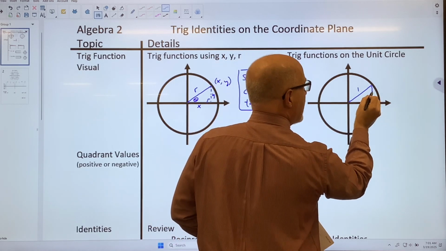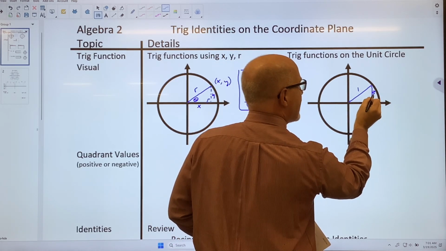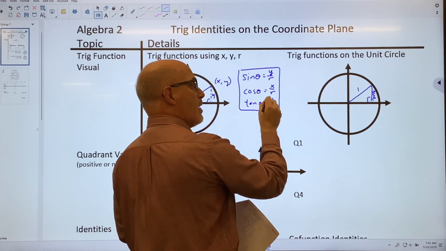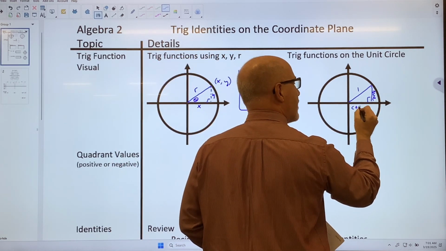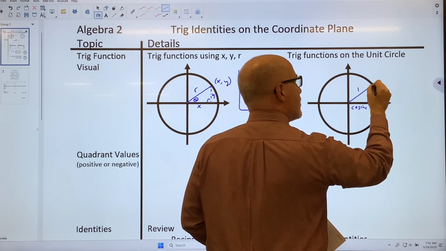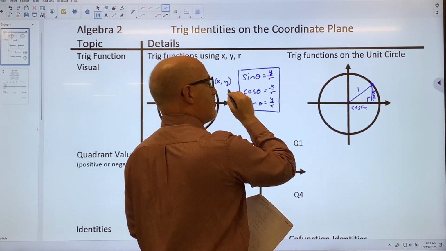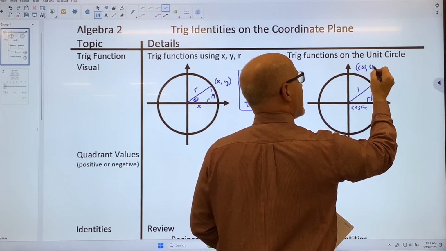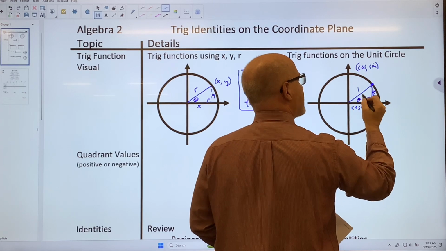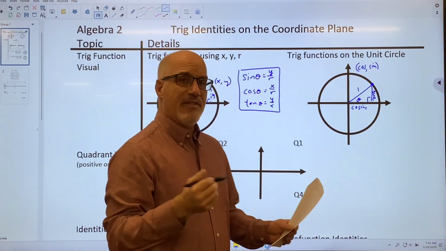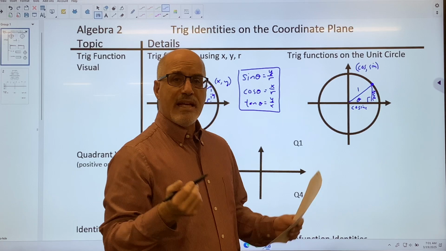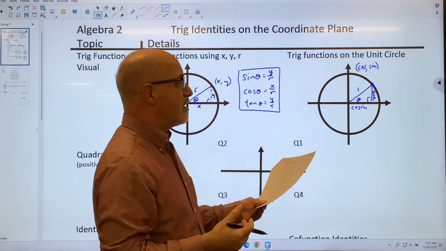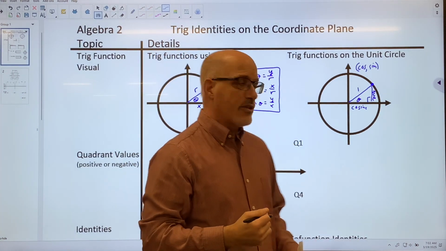So this value here is the sine, and then cosine would be x over 1, so this would be the cosine here. So this ordered pair here, instead of being just x, y, would be cosine, comma sine. That's helpful to visualize, to see on a unit circle that sine and cosine become the x and y. And we'll come back to this in a little bit to add in tangent as well.